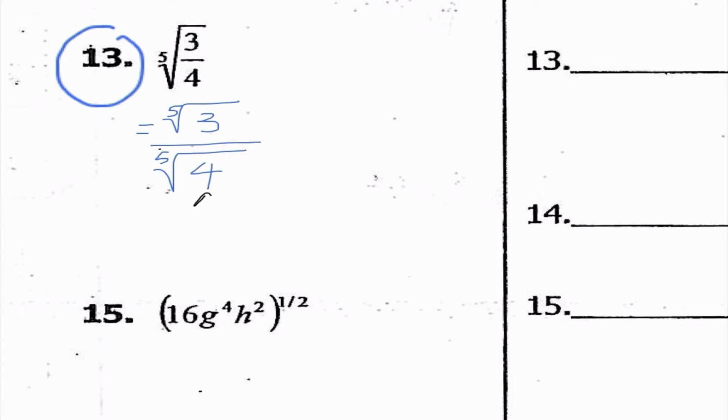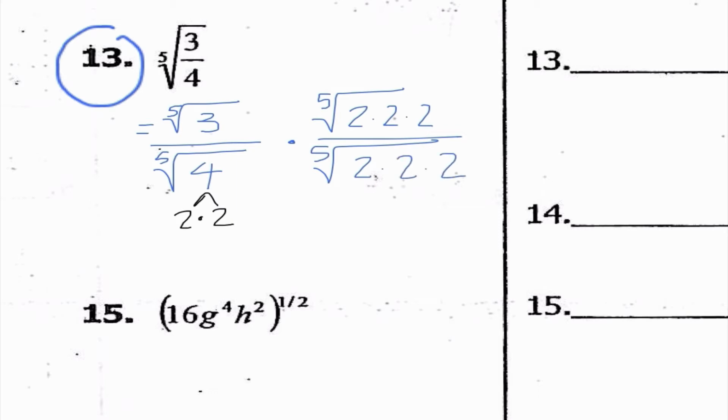So I need to think a little bit, and I know 4 is 2 times 2. This index number of 5 tells me I need a group of 5 to take things out. So I'm going to multiply the numerator and the denominator by the 5th root of 2 times 2 times 2, or you could have written 8.